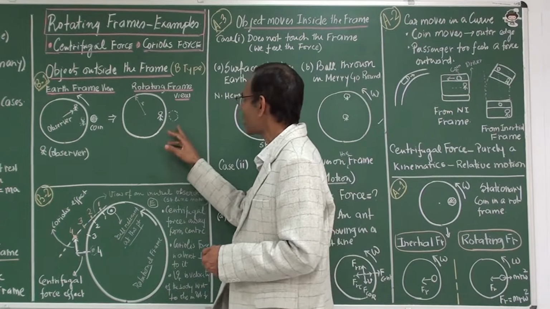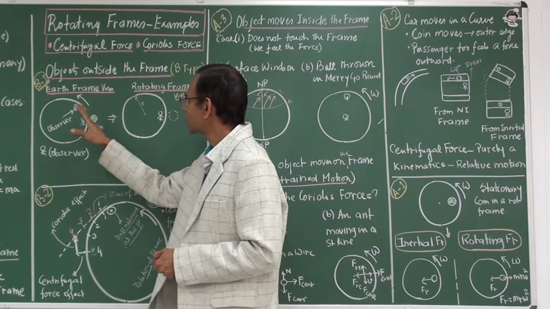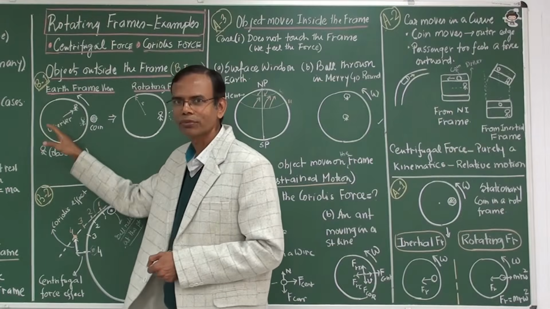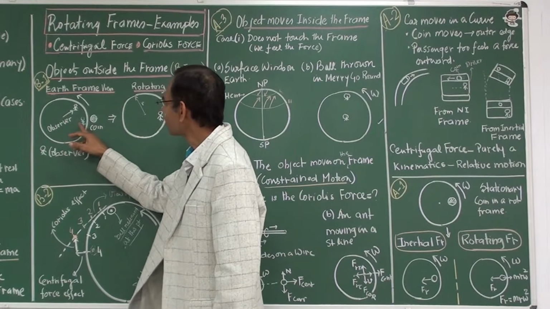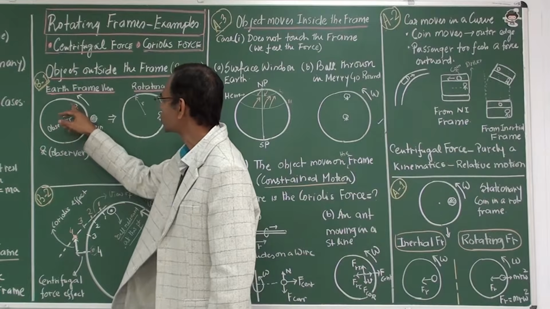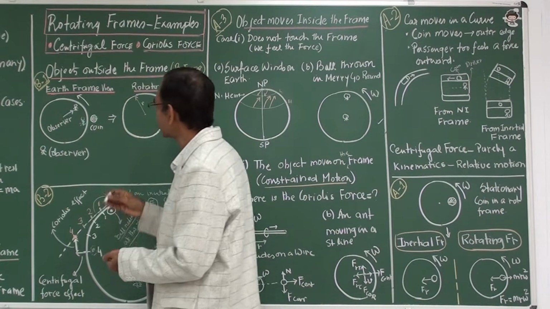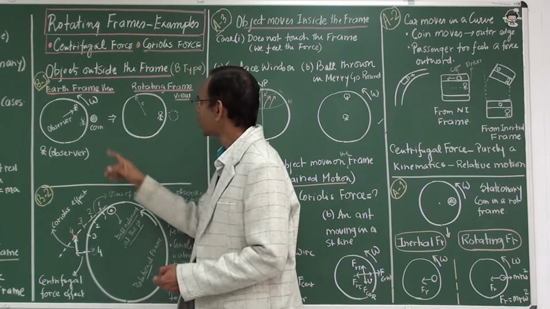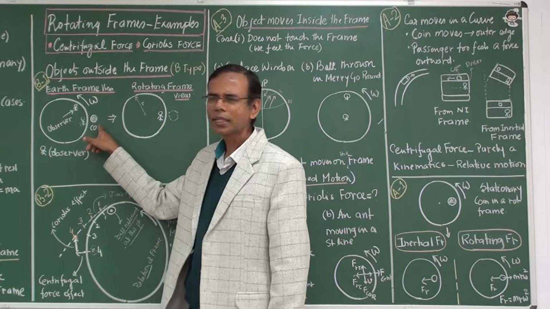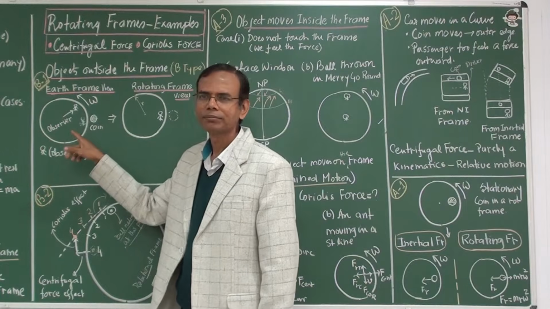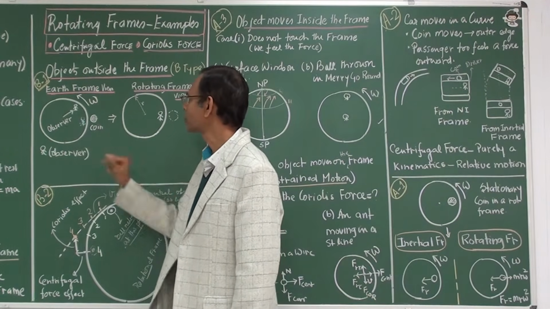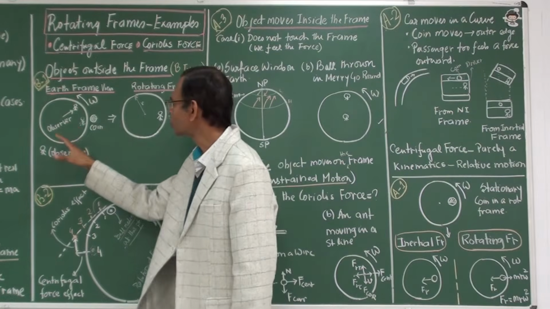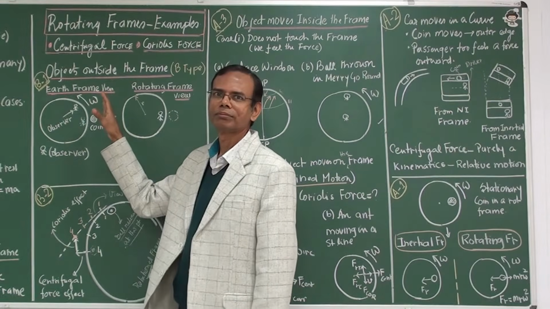Now when the object is outside, as you see, the example is that there is an observer in the rotating frame, and the observer is rotating with angular velocity omega. A coin is kept just outside the circle, just outside the frame. So what will happen? This is the view from the earth frame.